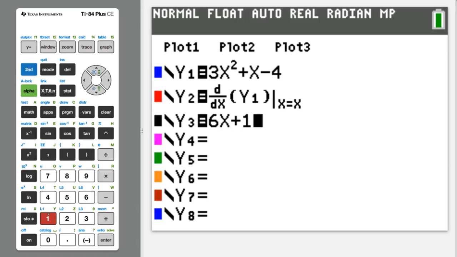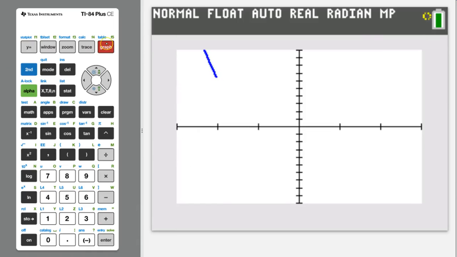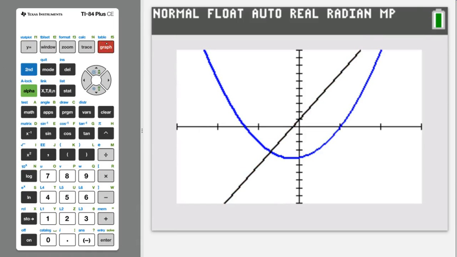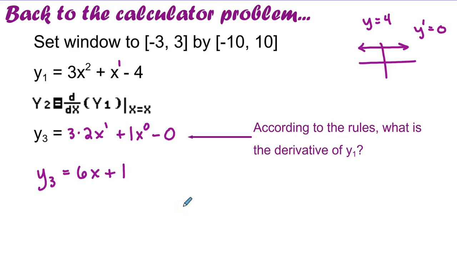Let's see if the black one ends up looking exactly like the red one. Why, yes indeed. If you didn't catch that, it drew the red one and then it drew the black one right on top of it. You can rewind and see it again. So, that's kind of cool. Okay, what are we going to do next?